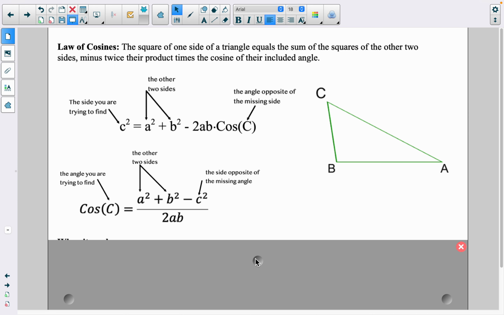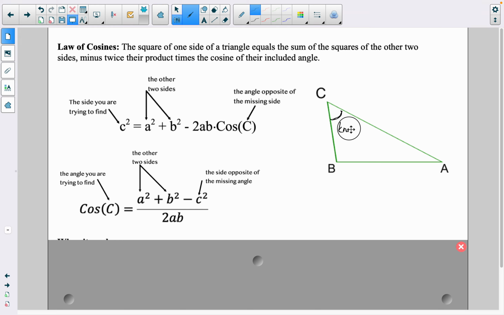So the top formula here is the equation that comes from the law of cosines. So the square of one side of the triangle. We're going to be looking for one side of the triangle. We know this angle. So when we use this top equation, it's because we know what this angle here is. That's angle C. We know that.